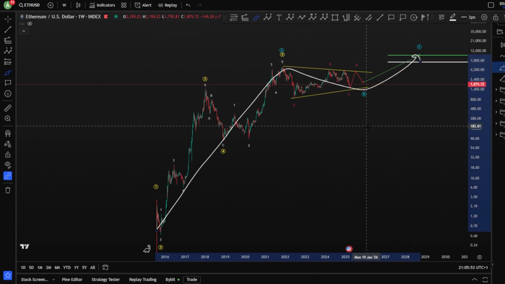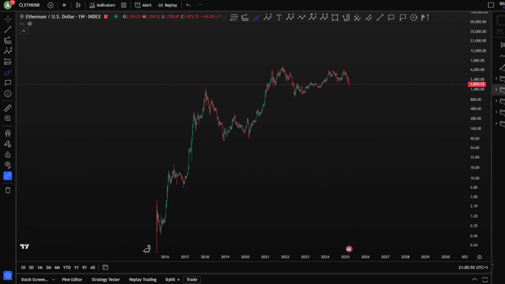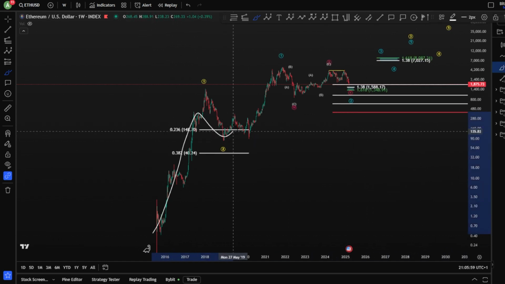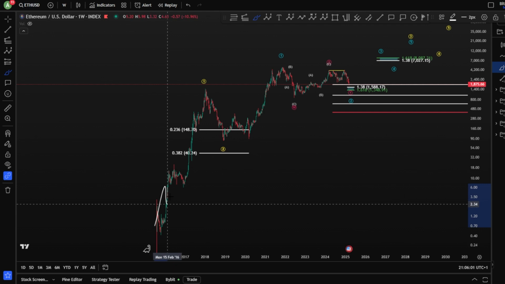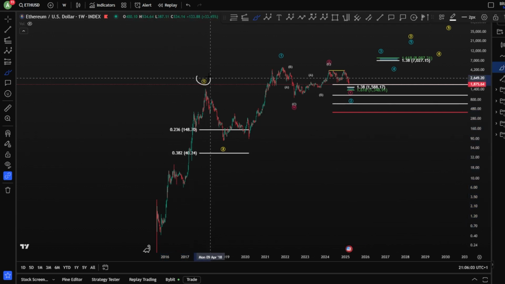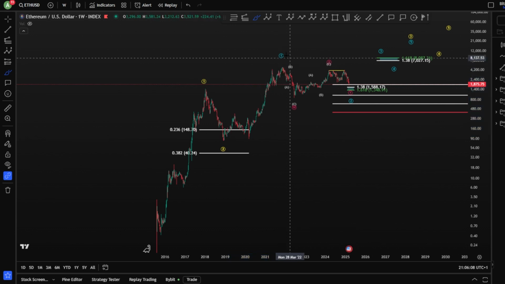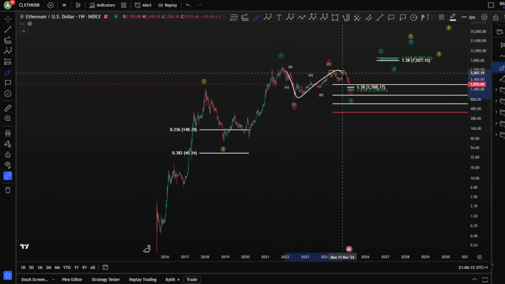Now, another bullish scenario can be that we have double 1, 2s, where you have 1, 2, 3, 4, and a 5 here finishing an impulse, then wave 2, and then 1, 2, 3, 4, and a 5, another impulse for the second 1, 2. Your 1, 2 here still needs to be a flat.